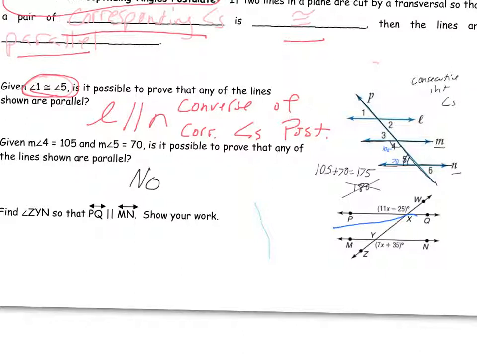Find the measure of angle ZYN, which is right here, so that PQ is parallel to line PN. So we've got this line and this line cut by this transversal, and we're trying to prove lines parallel.